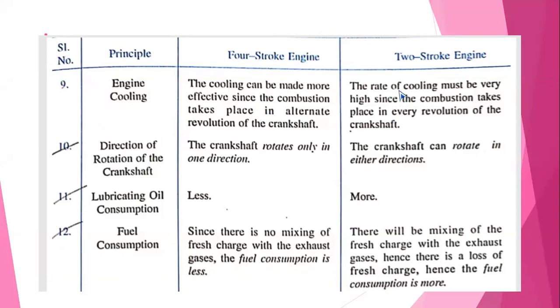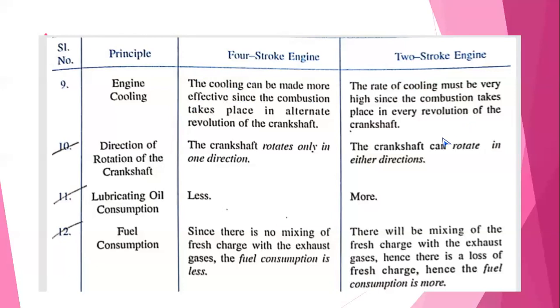In the same way, in a two-stroke engine, the air coming in the opposite direction hits the engine and brings away the heat from the engine head and the engine block. In this way, the heat developed in the two-stroke engine can be removed. So the cooling system of the engine is also very, very important.